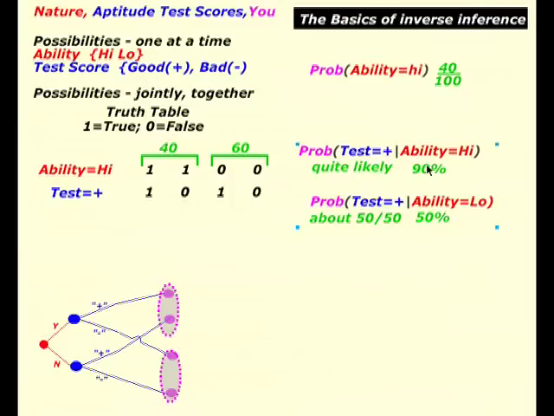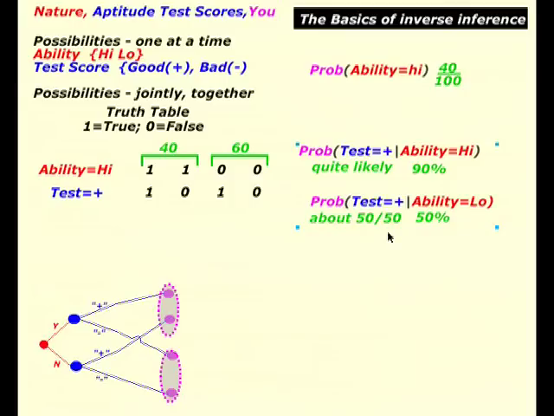If you're highly able, then we think the relationship between ability and test scores is that highly able people will get good test results 90% of the time. Or we're willing to bet 90% if we could identify those high ability people. On the other hand, for low ability people, sometimes they'll do okay, sometimes they won't. We just take it as a toss of a coin.